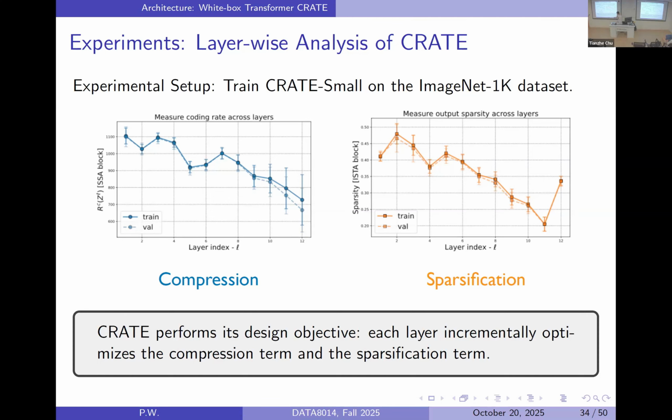That means this CRATE transformer architecture indeed performs its design objective: each layer incrementally optimizes the compression term and the sparsification term. That means we bridge the gap between theory and practice, right?